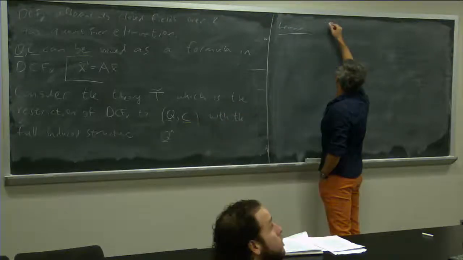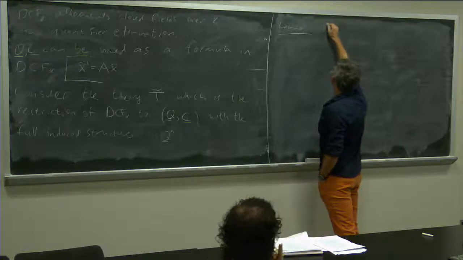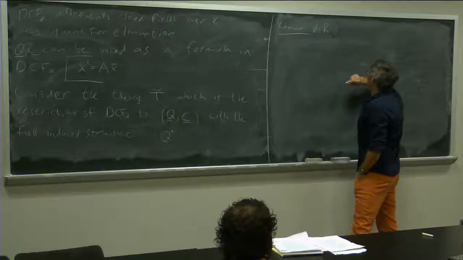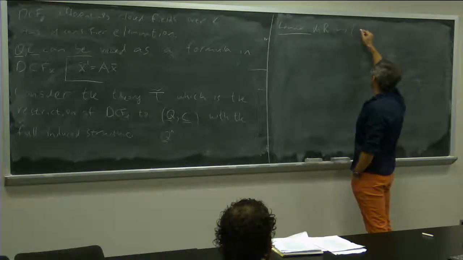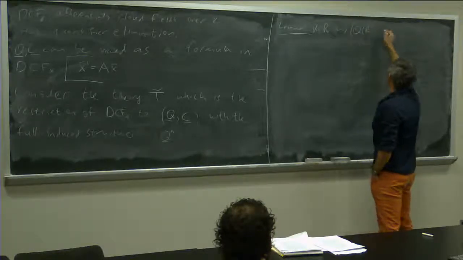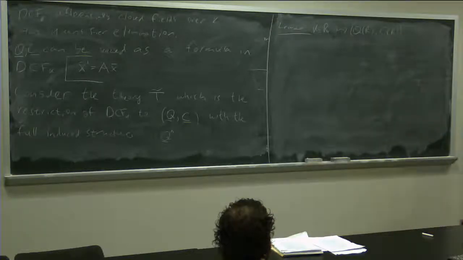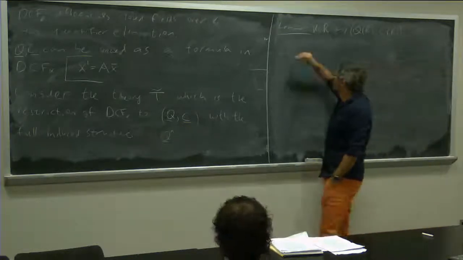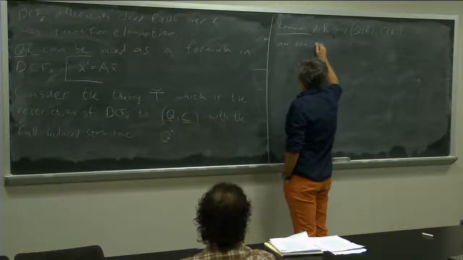Okay, so if we have some R containing K, which is a differential field, we can produce Q of R and C of R. Okay, and this is an equivalence.